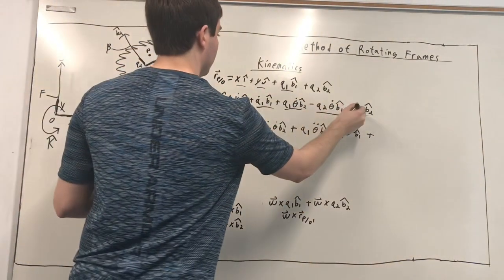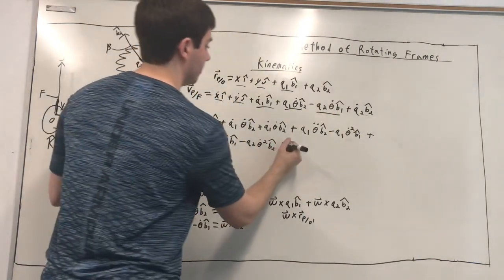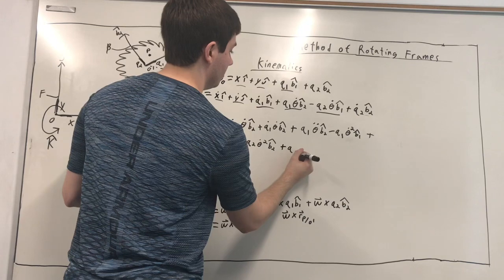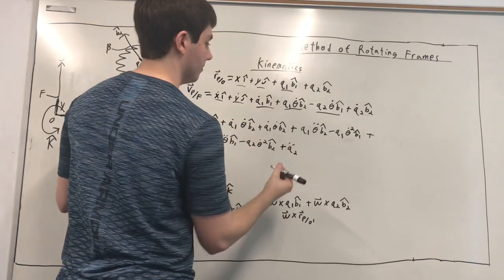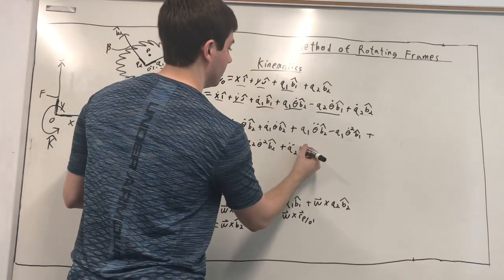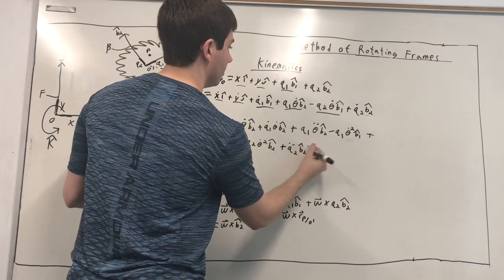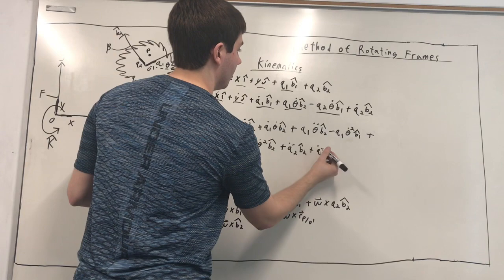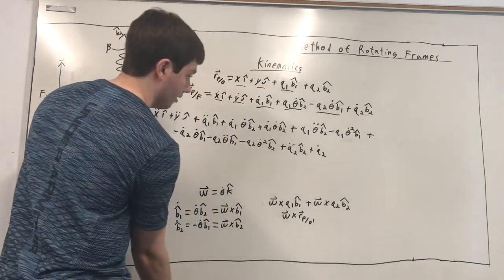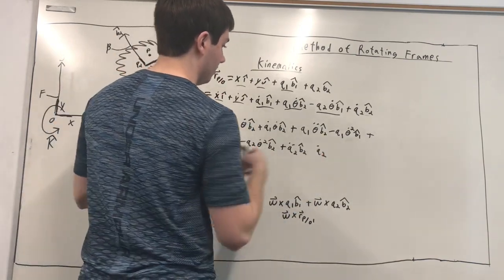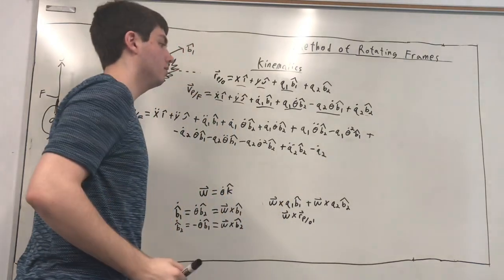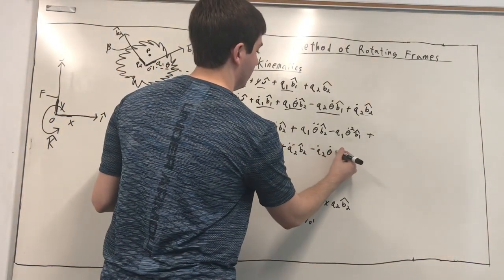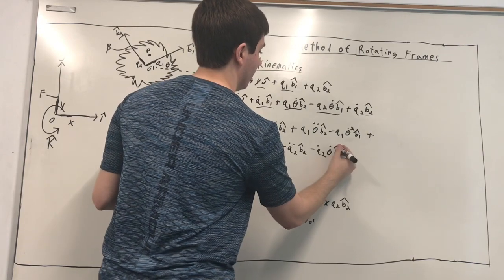And one more term. Okay, so now you have plus q2 double dot b2 hat, plus q2 dot, or actually that will end up being a minus q2 dot theta dot b1 hat.